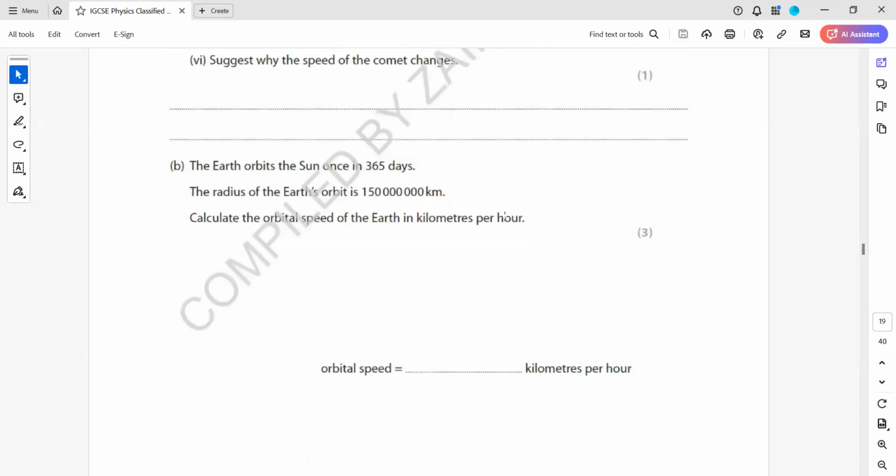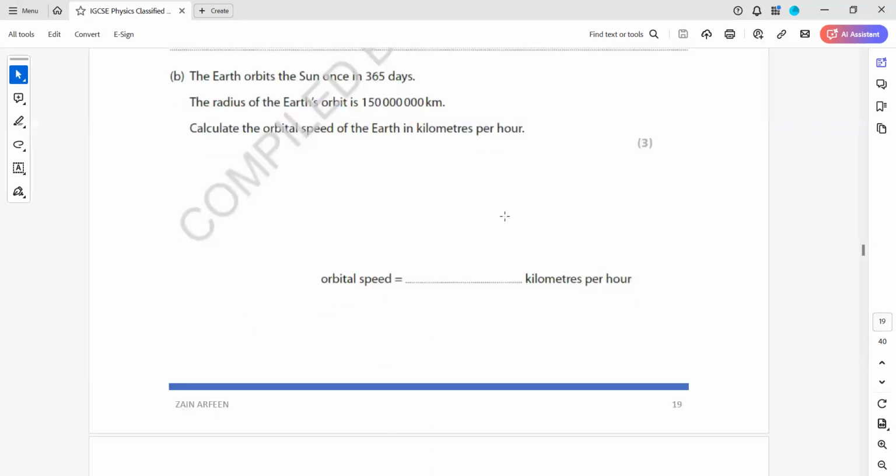The next is: the Earth orbits the sun once in 365 days. The radius of the Earth orbit, which is also known as 1 astronomical unit, is 150 million kilometers. Calculate the speed in kilometers per hour. We already have this in kilometers. The radius is already in kilometers, but we have to convert the time into hours.